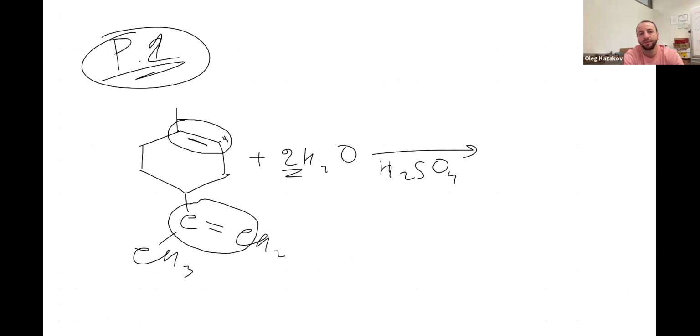Implied means not shown, but by convention we know that carbons and H's are implied. So we cannot randomly attach, for example, fluorine here, because it would be shown otherwise.